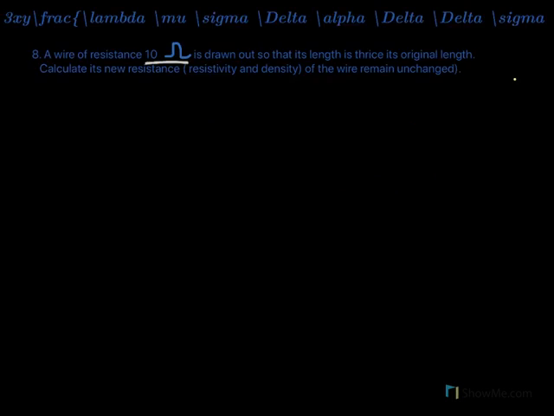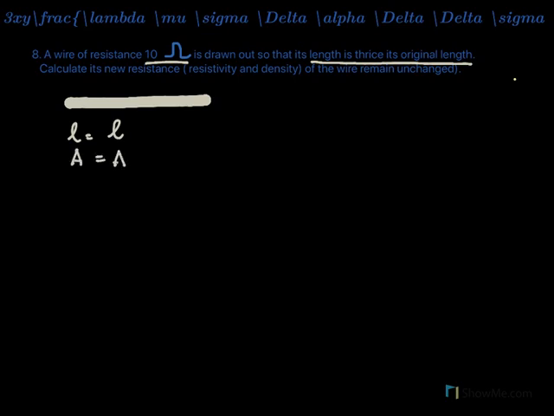A wire of 10 ohms resistance is drawn out so that its length is thrice its original length. Calculate its new resistance. So here I have a thick wire, and in this wire say the length is L and the area of cross section is A. Now it is stretched to 3 times its length, so it's going to be longer and thinner.